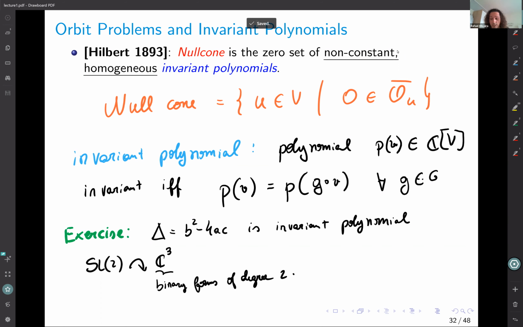So Hilbert proved in much more generality that the null cone for these group actions is the 0 set of all of the non-constant homogeneous invariant polynomials.